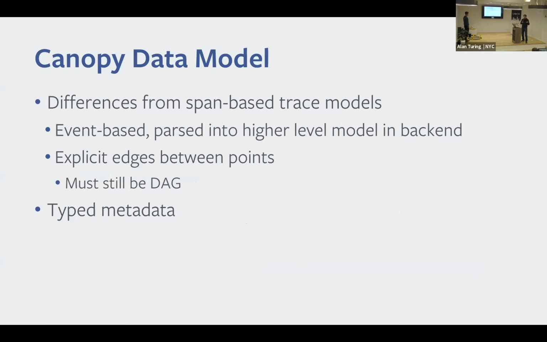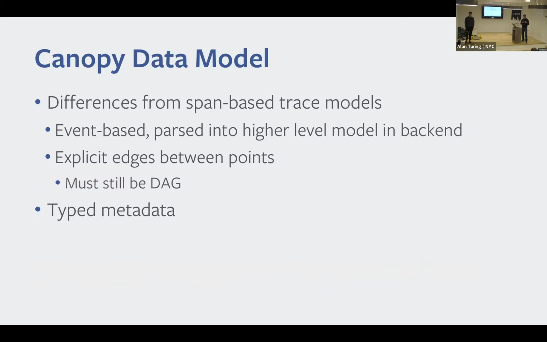The Canopy data model is actually really different from the traditional Dapper X-Trace model, which is based on a tree of spans, right? And really represents an RPC stack, to a first approximation. I mean, what you get there is an RPC call stack or something like it. Ours is different: the basic thing in ours is just an event.